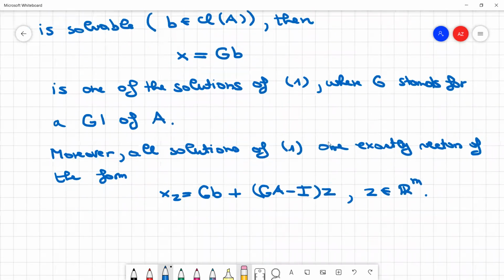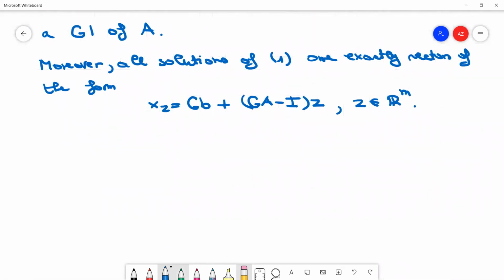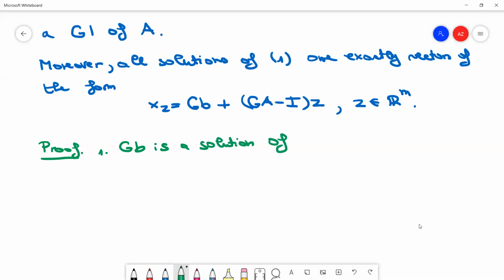Okay, so let's prove those three facts. So first thing, we prove that Gb is a solution of the system 1. So this is the first thing which we are going to prove.